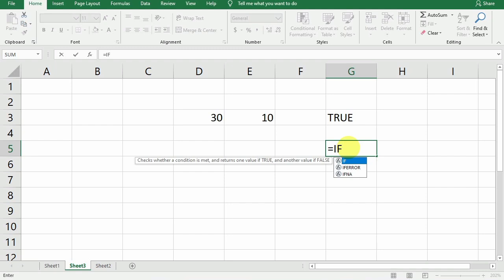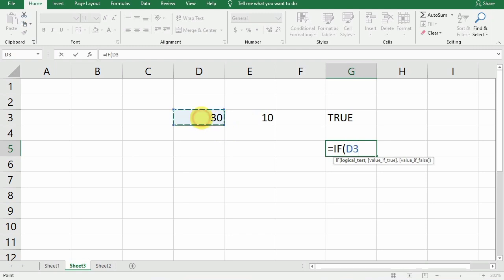Let's come under here. Equal to IF bracket open, if D3 is greater than E3, comma. Now we're going to put a calculation.